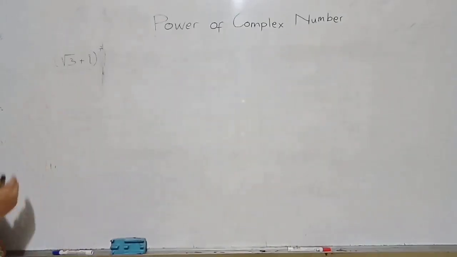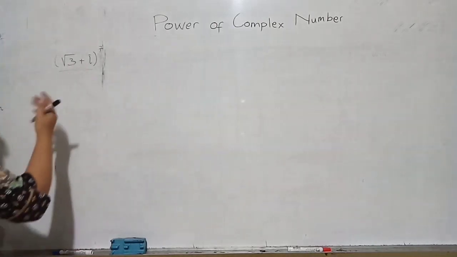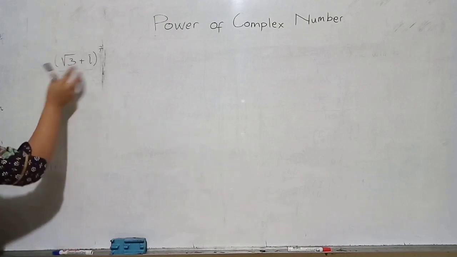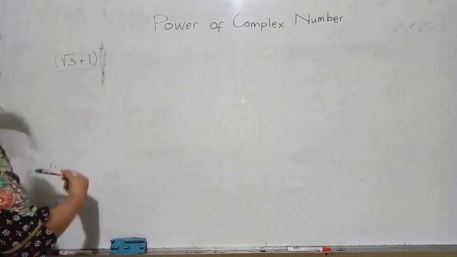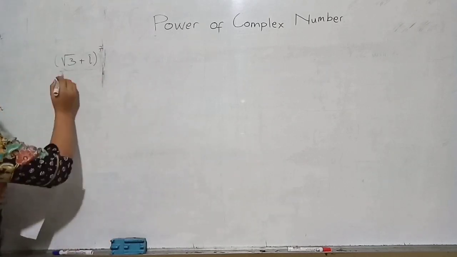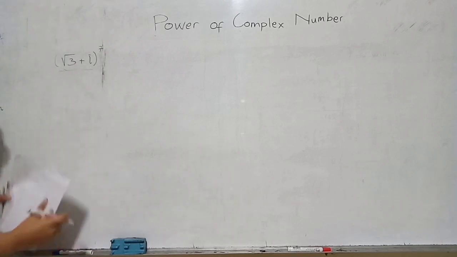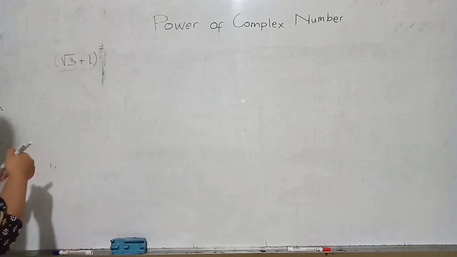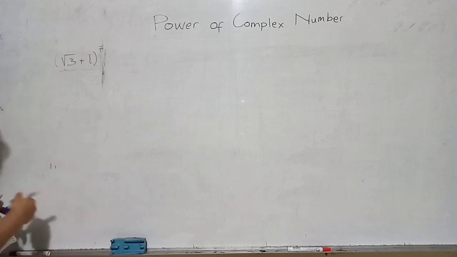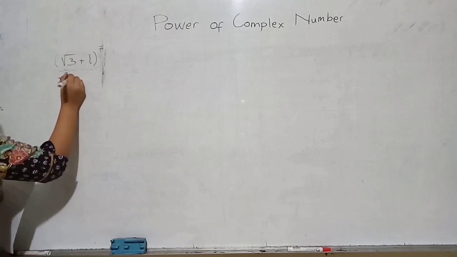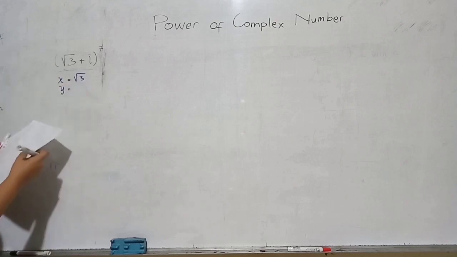We have complex number square root of 3 plus i. We will find the value of the complex number powered by 7. We know that the complex number in this question is in coordinate form, and we will change it first into exponential form. In this one, we have x equal to square root of 3 and y equal to 1.